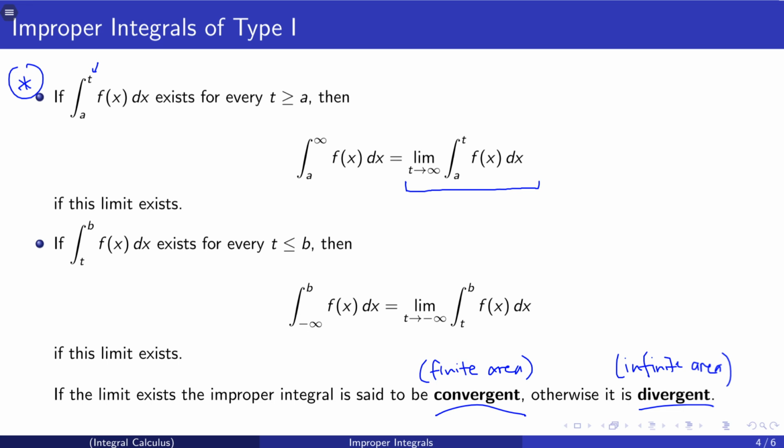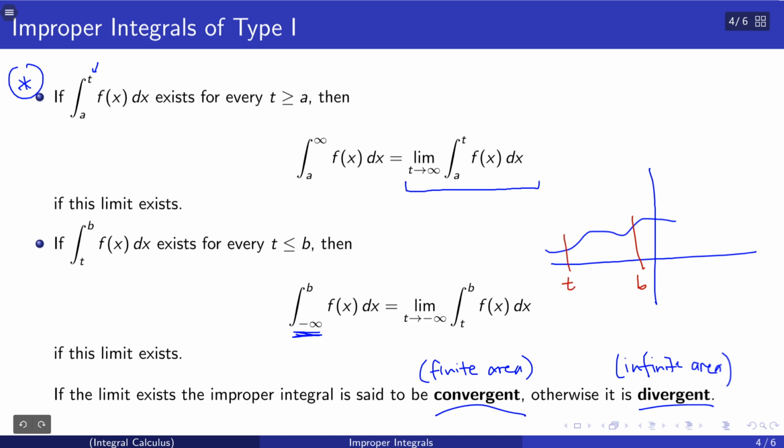And in fact, we can do the same thing for integrals from minus infinity to some number. In that case, it's basically the same idea. You're going to be cutting it off at some value t and letting t go to minus infinity to get the infinite area. All right? And again, if the limit exists, then it's convergent. Otherwise, it's divergent.